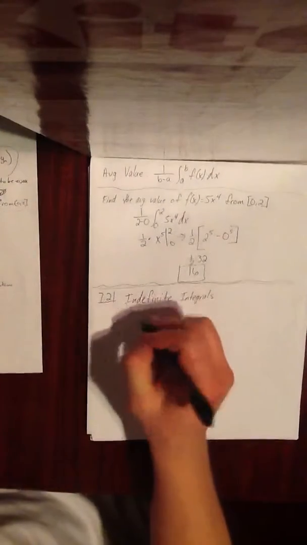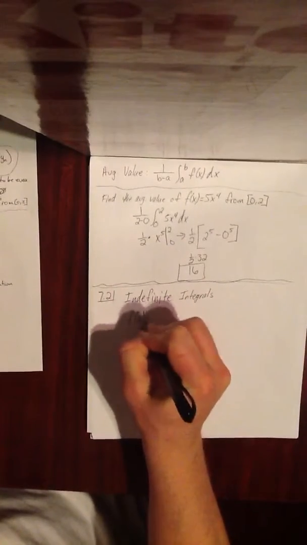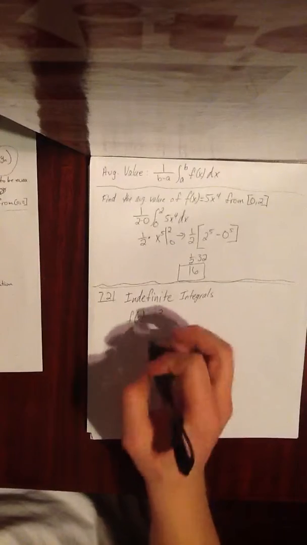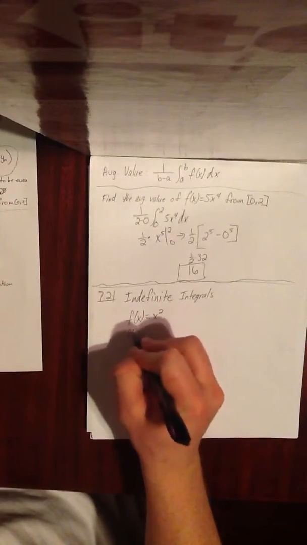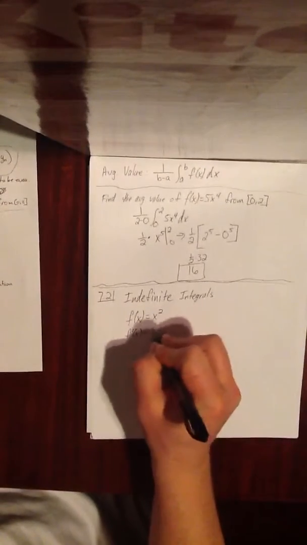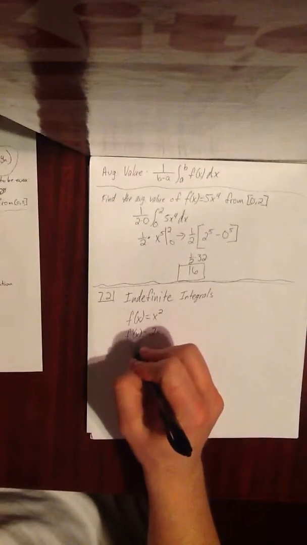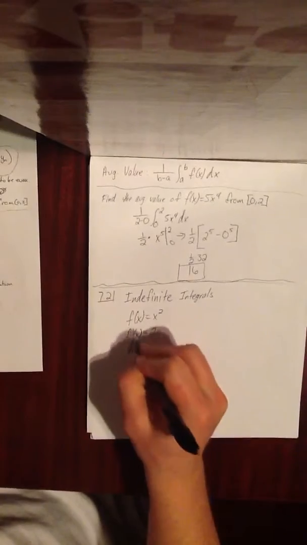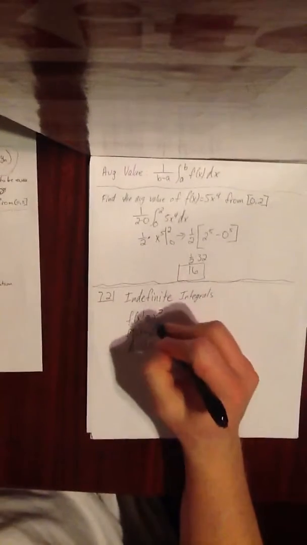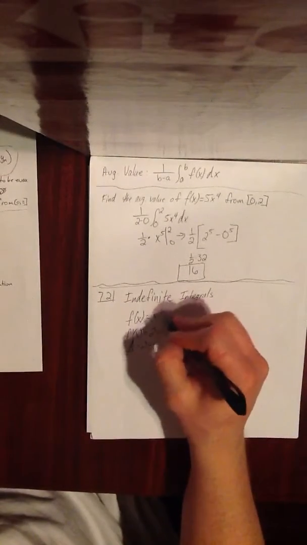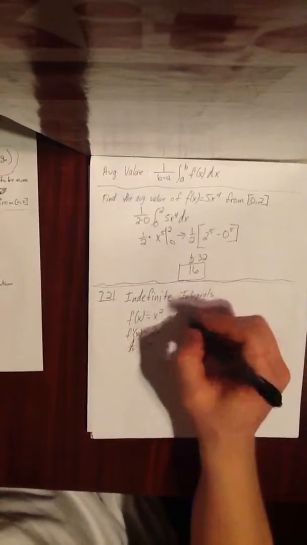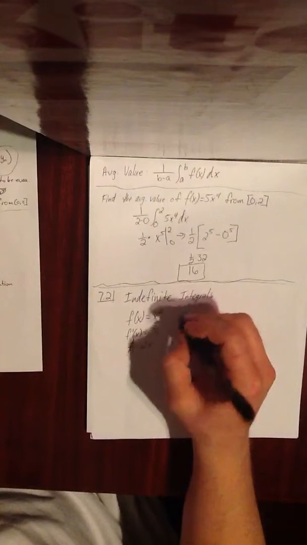Like, let's say we have f of x equals x squared. Well, the notation, if I want the derivative of that, we could write it as f prime of x, it would be 2x. You could write it as d dx is 2x, right? Means the same thing. But if we want to go backwards to find the antiderivative, the way you write it is an indefinite integral.